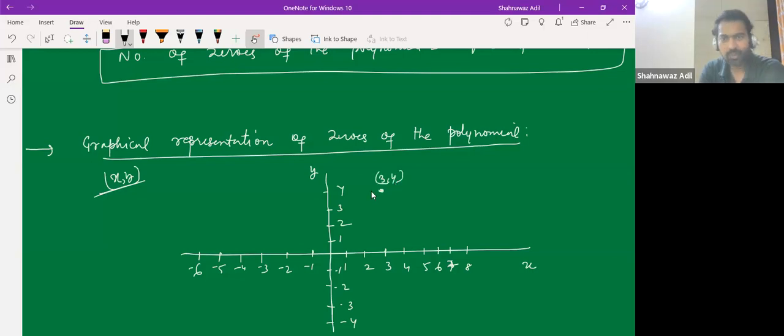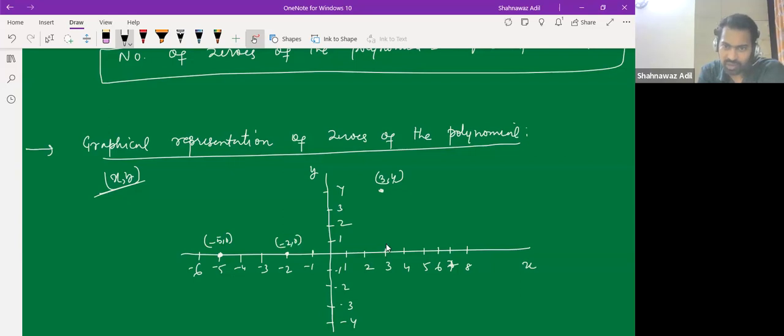But what is the special thing about this x-axis? On this x-axis, what is the coordinate of this point? Minus 5, 0, absolutely right. What about this one? Minus 2, 0. Good.